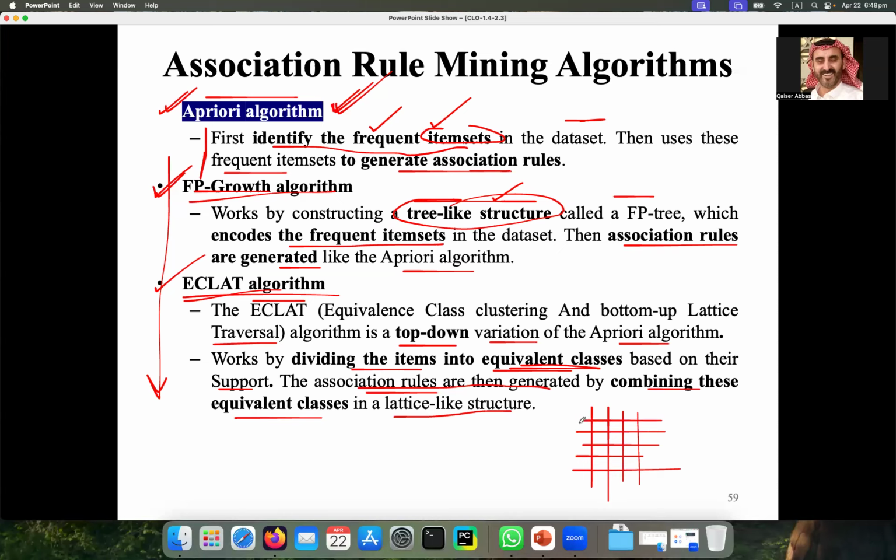If it is three-dimensional, then it becomes a lattice. So the nodes would be at these points. It is not tree-like, it is like a lattice. So the structure is different. Otherwise it is again the Apriori algorithm, at least up to counting the frequency it is the same, and then the structure is different.